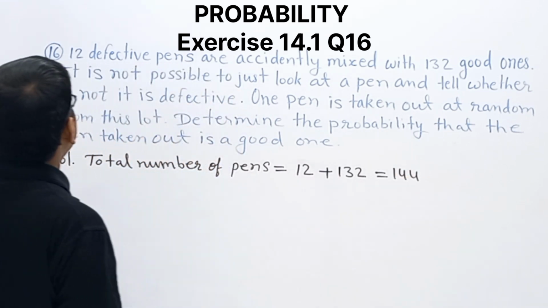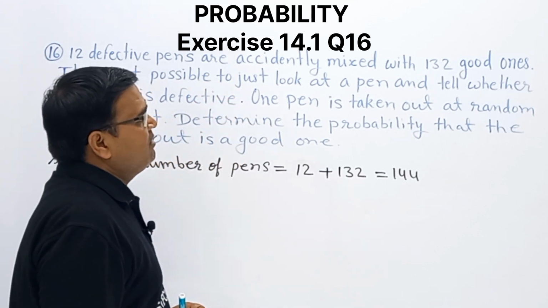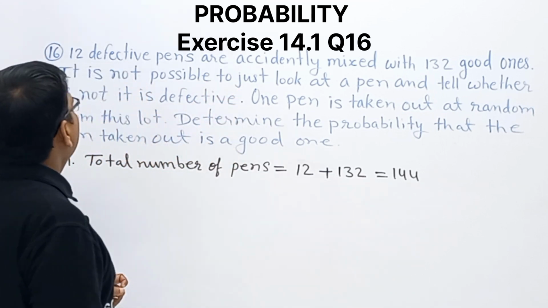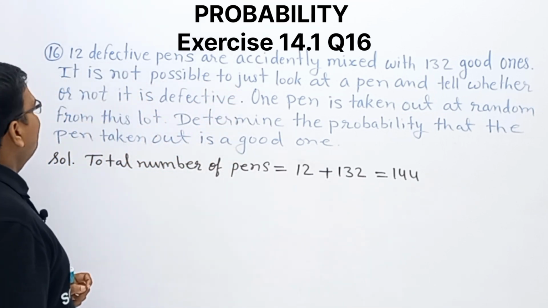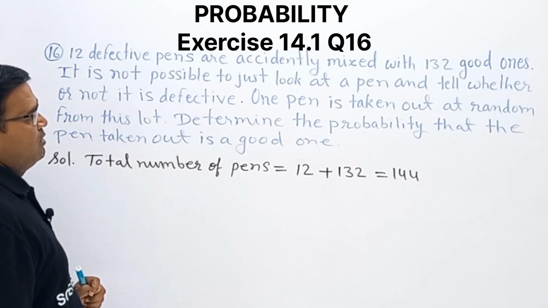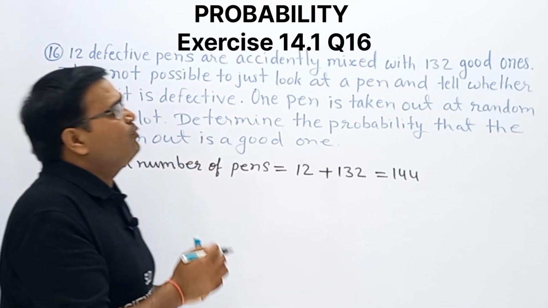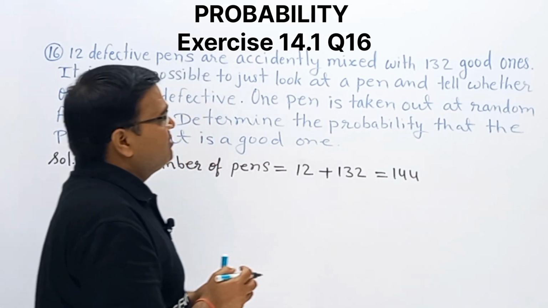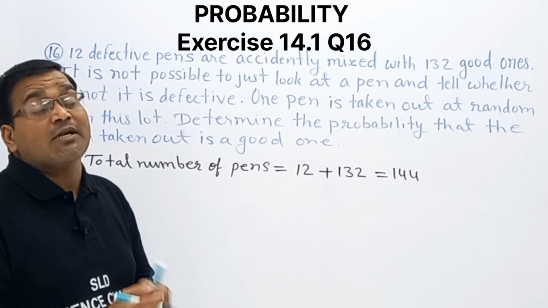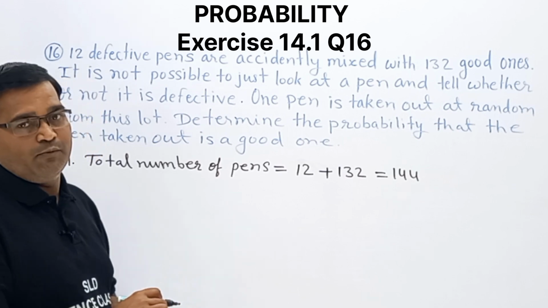144. Now, it is not possible to just look at a pen and tell whether or not it is defective. Once these defective pens are mixed with good pens, we cannot identify which one is good or which one is defective.